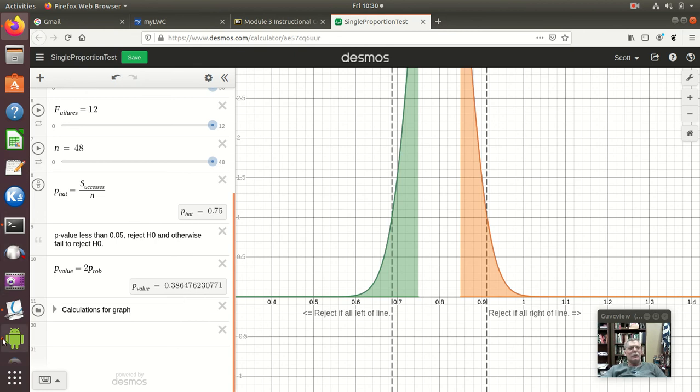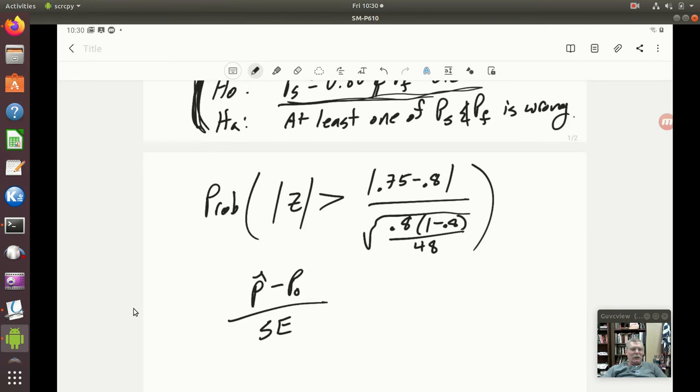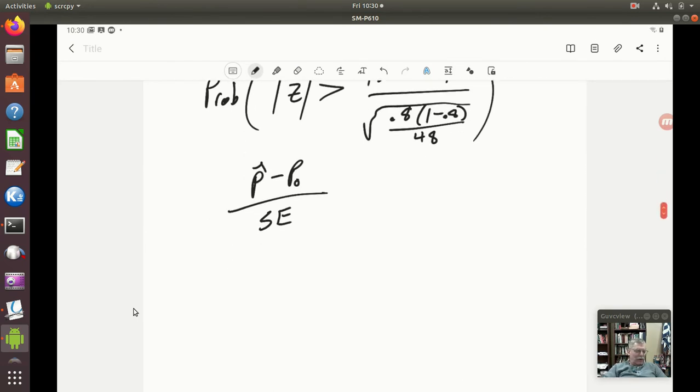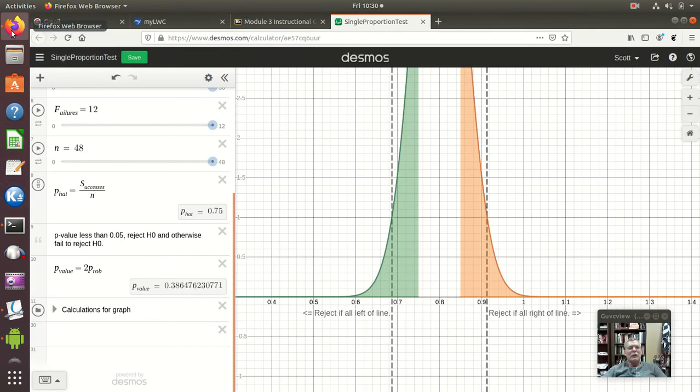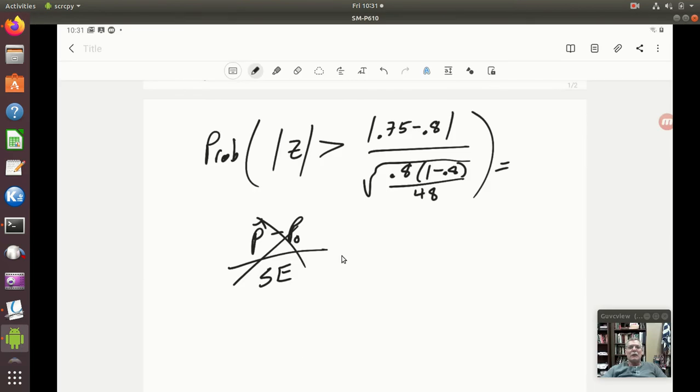So if we come back here, we get our p-value, this probability, 0.386 we'll call it.